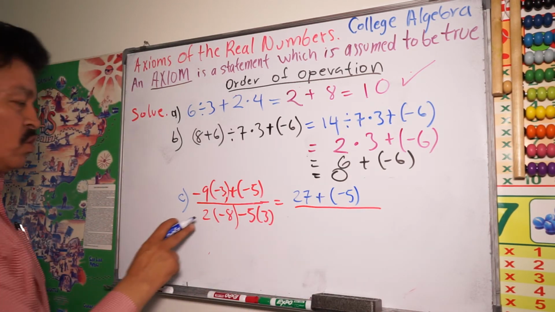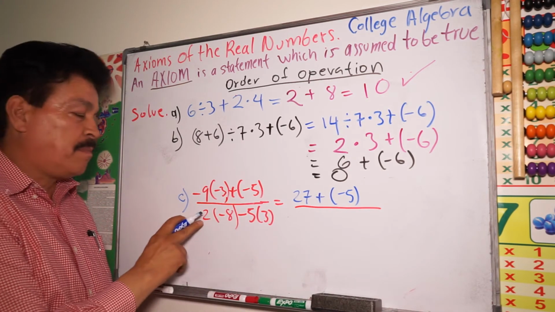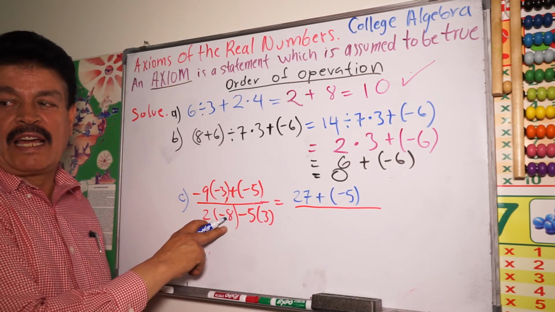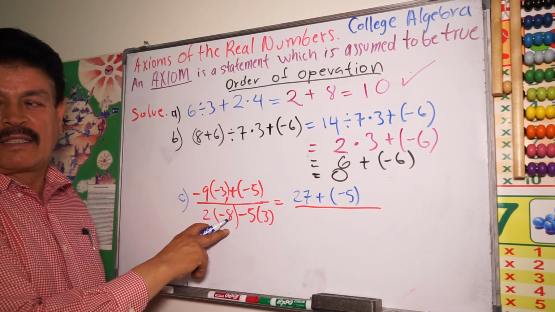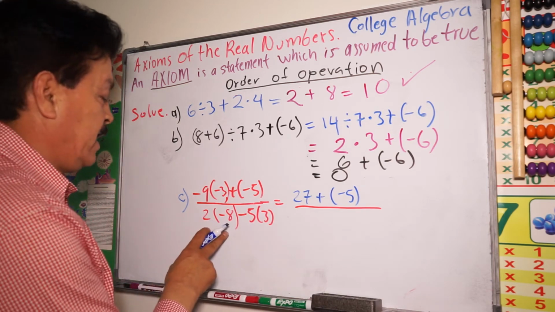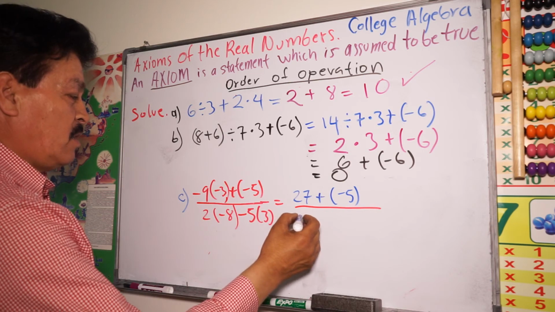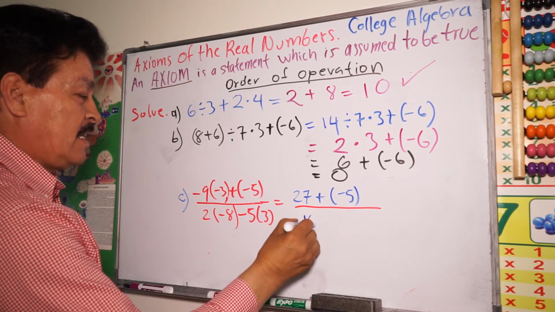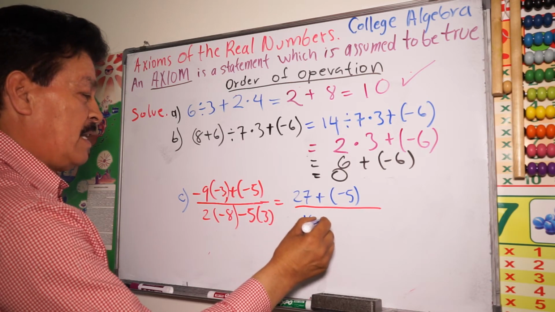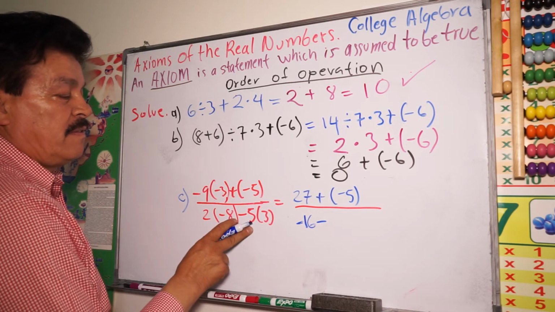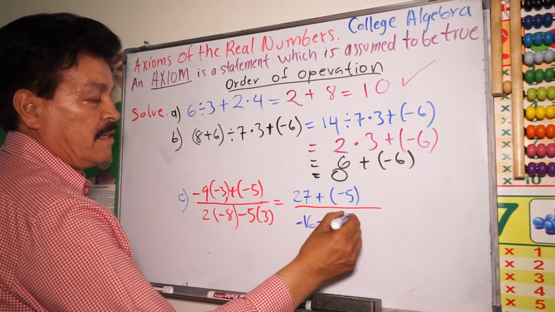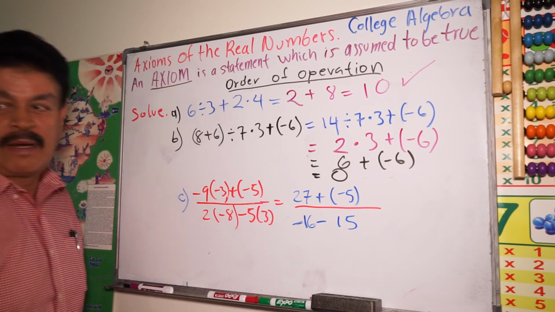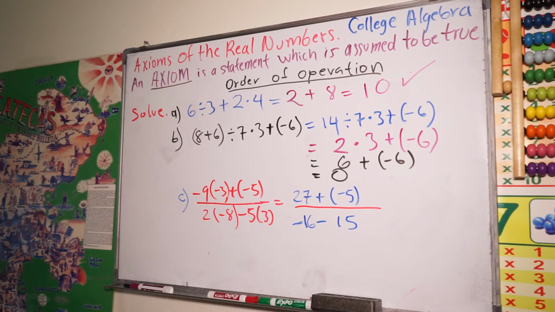In the bottom, 2 times negative 8 is negative 16, right? Minus 15. So what is the answer?